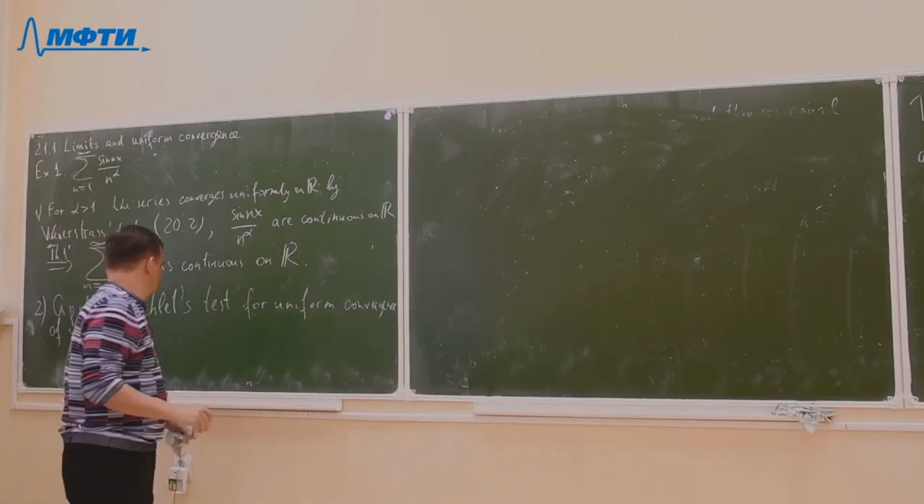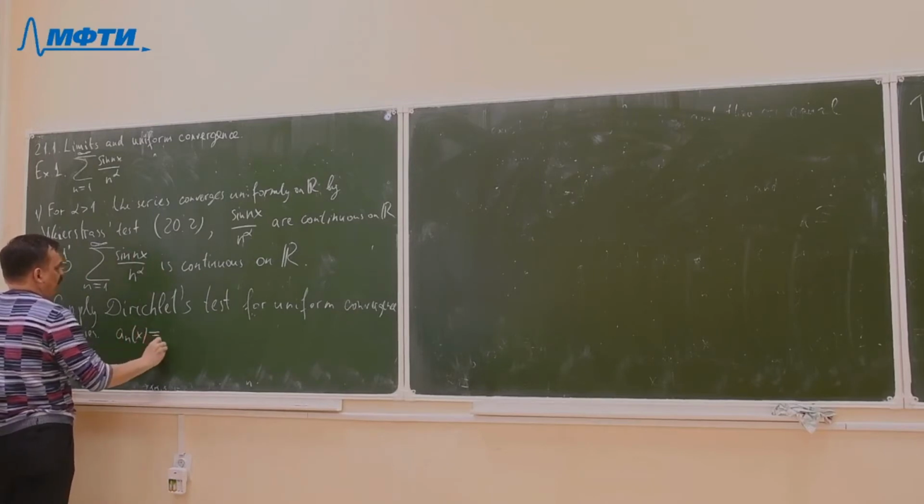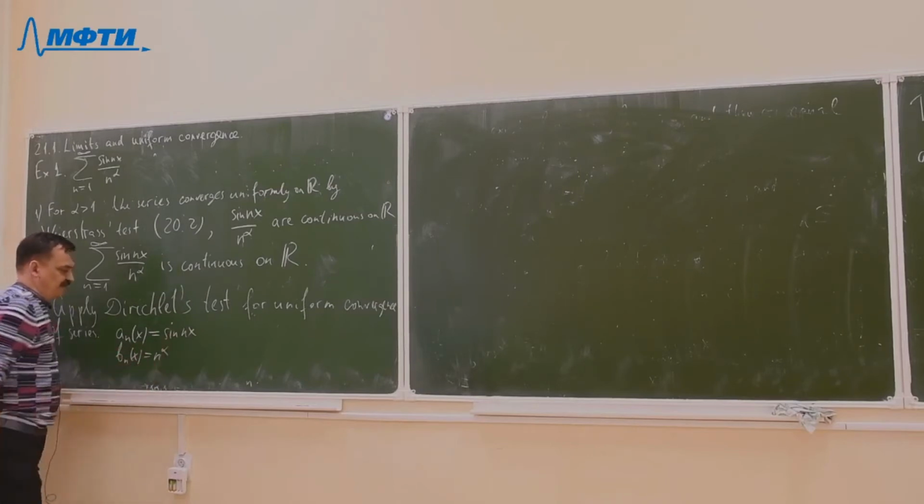We take a_n of x equals sine x, b_n of x equals n power minus alpha.